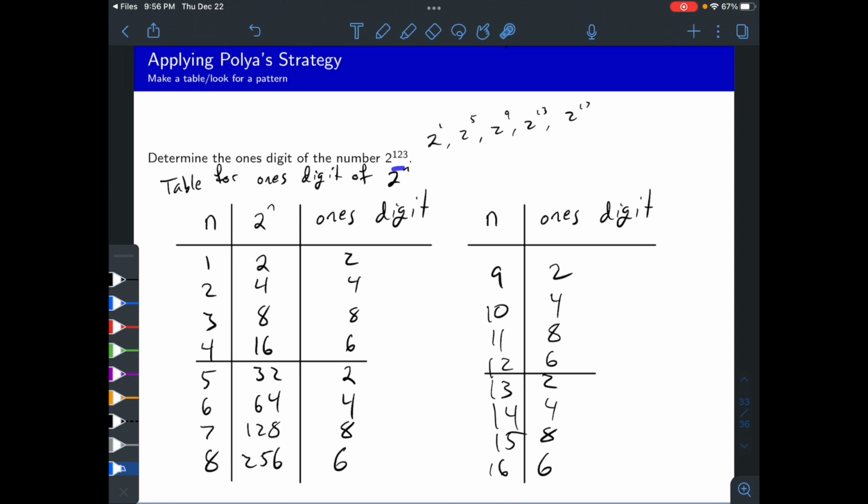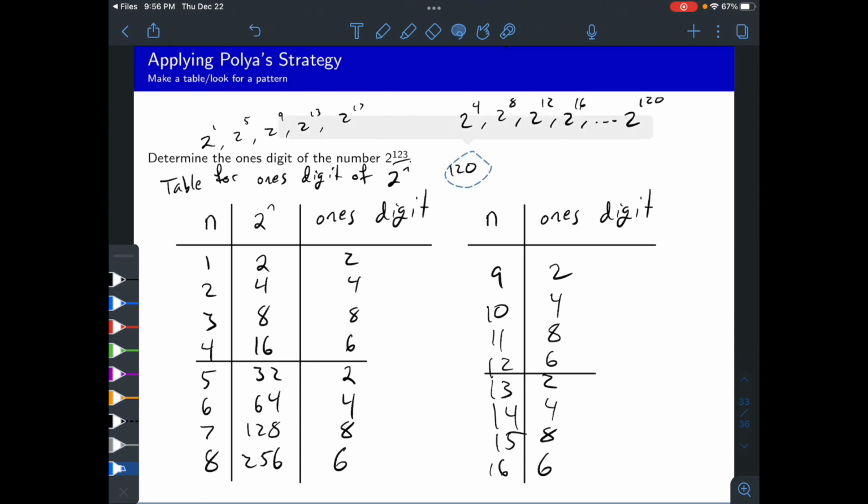Okay, so I could just keep doing this until I get to something close to 123. You can see that 120 is a multiple of 4. So if I were to do this for 2 to the 4th, and then 2 to the 8th, 2 to the 12th, 2 to the 16th, eventually I would get 2 to the 120th.